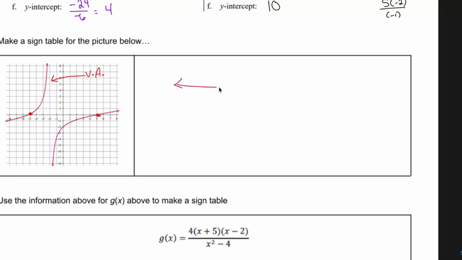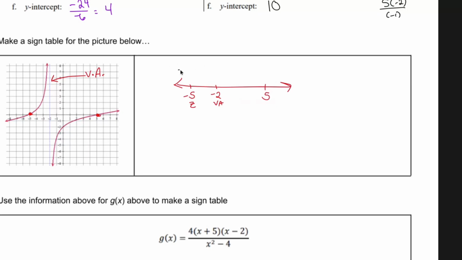So little sign table, negative 5. I'll label that. I'll try to do that much more often because I like to do that. Z for 0, and then we got negative 2, VA for vertical asymptote. And then we've got ourselves a 0 at 5, way down here. So the sign table is going to look like this.